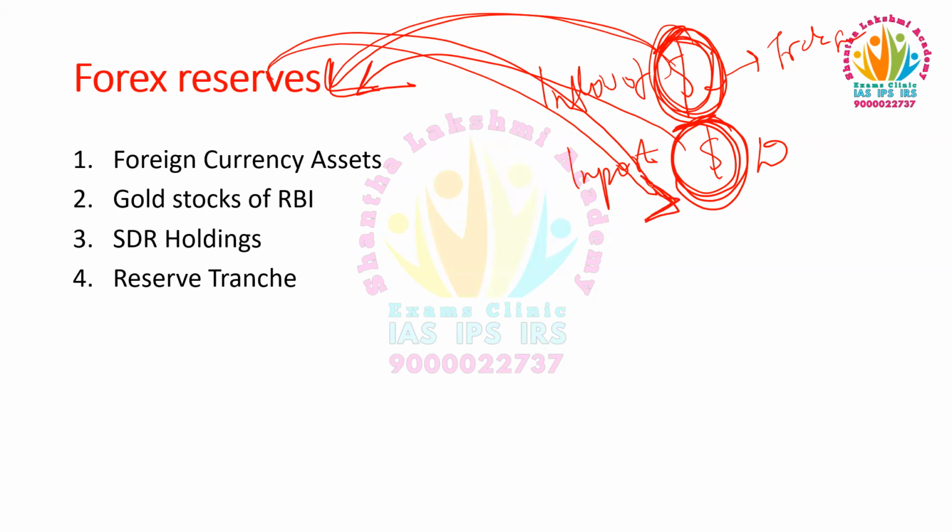So these forex reserves are maintained in 4 terms: foreign currency assets, that is the currency deposits held by RBI in foreign banks, the gold stocks of RBI, SDR holdings of IMF, and the reserve tranche, that is India's quota to IMF.